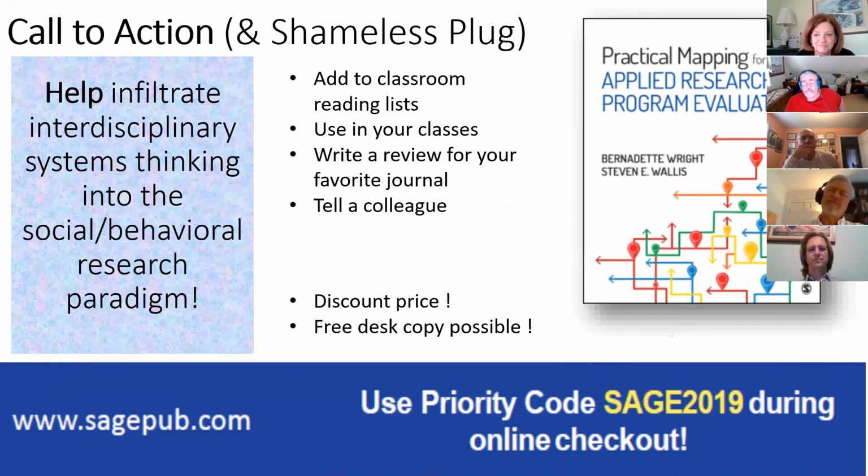Somewhere in the back of one chapter, there's some additional resources. So part of our, or at least my secret goal here, is to infiltrate interdisciplinary and systems thinking into the research paradigm. The reviewers are quite excited about this book, and we hope to get it into a lot of classrooms for research and program evaluation.